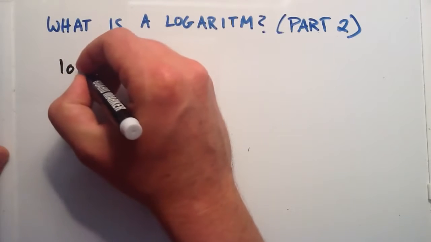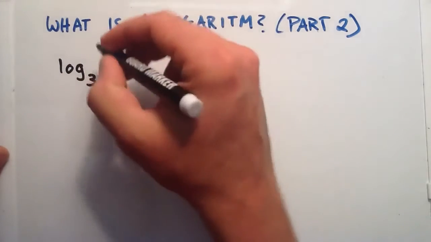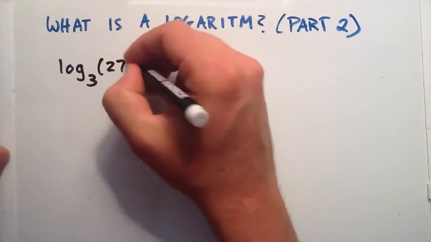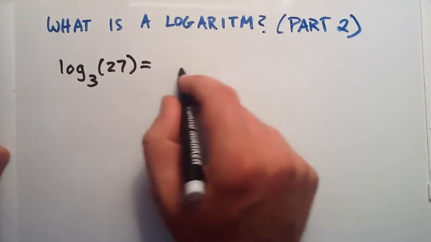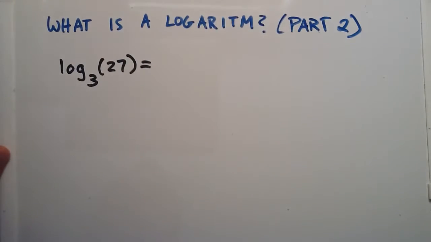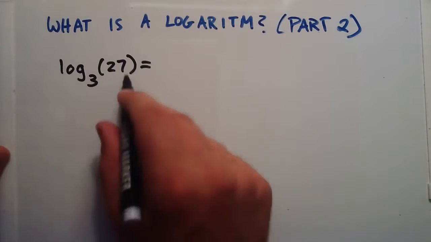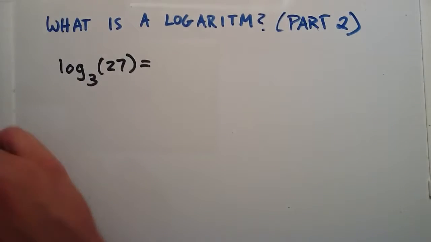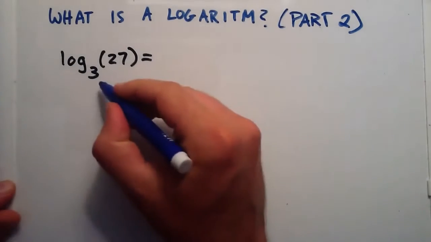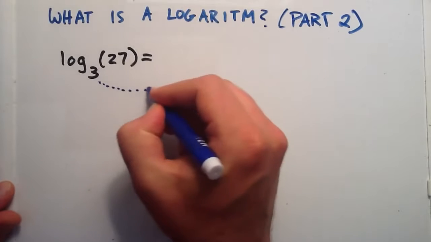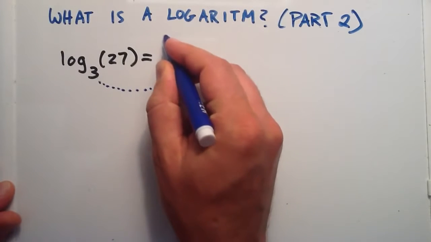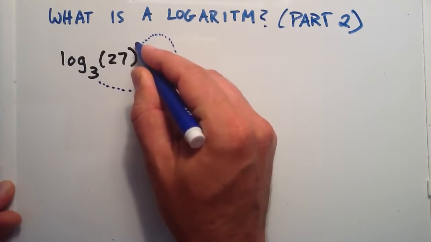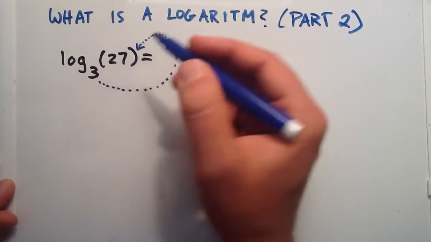Let's say that log base 3 of 27 equals something. In my last video I explained to think of a logarithm as a scorpion, and it has a tail that starts at the base, and it wraps around the answer, and then the stinger comes back to the argument.